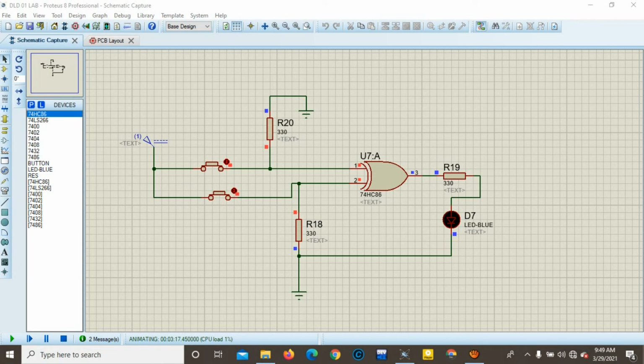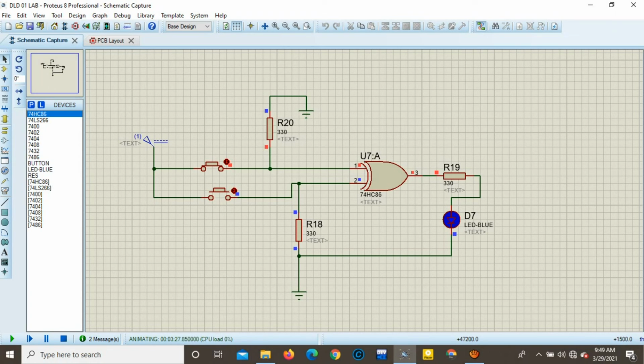Here we can see that both inputs are 1, the output is 0, and when I give input 0 on A, the switch is off, then the output will be on. And when I give input 0 on switch B, again the bulb is on.